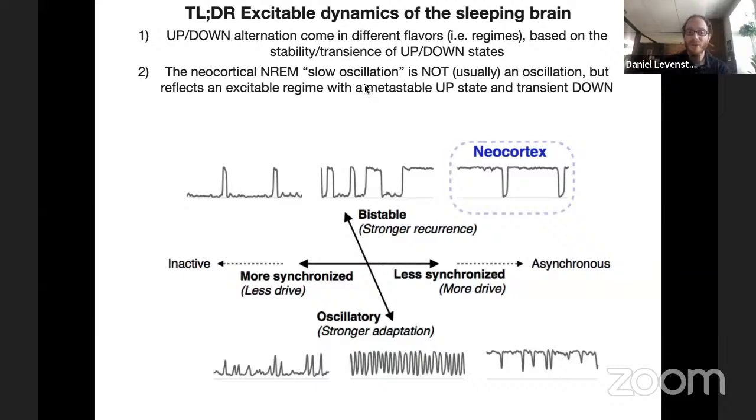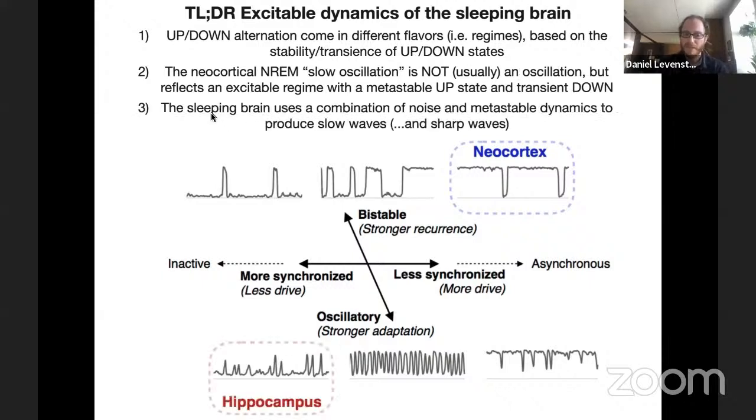Second, the neocortical slow oscillation is actually not usually an oscillation, but it reflects an excitable regime with a metastable upstate and a transient downstate. This means that the sleeping brain uses a cool combination of noise and metastable dynamics to produce slow waves.